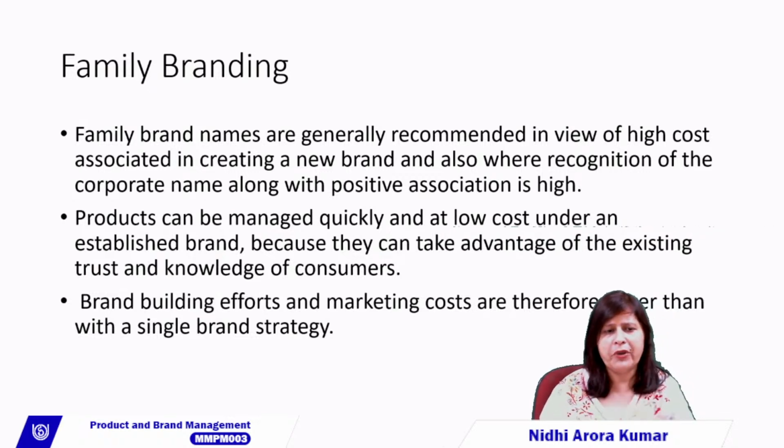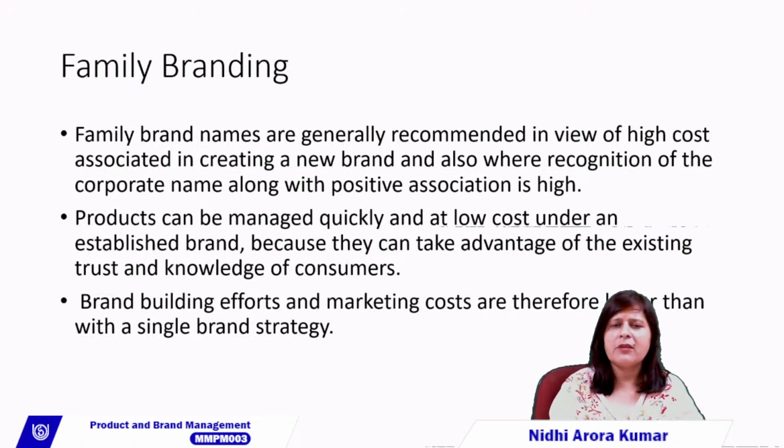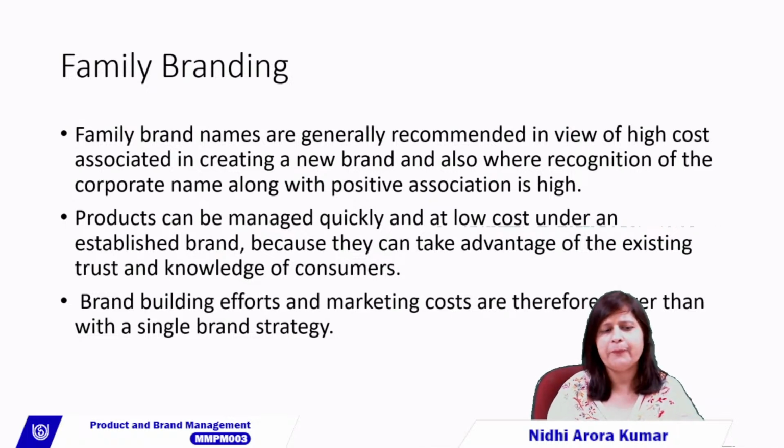And if you don't want to fail, right? A product can be managed quickly and at low cost under an established brand because they can take advantage of the existing trust and knowledge of the consumer. All right. So whenever a marketer adds a new product under the already existing family brand name, then that product can be managed quickly because consumers are aware of that brand, and that product can take advantage of the existing trust and knowledge of the consumer about that brand, right?